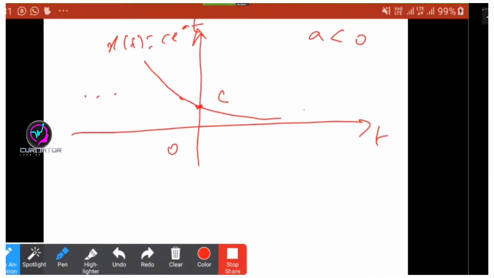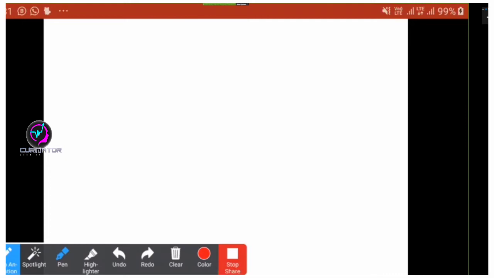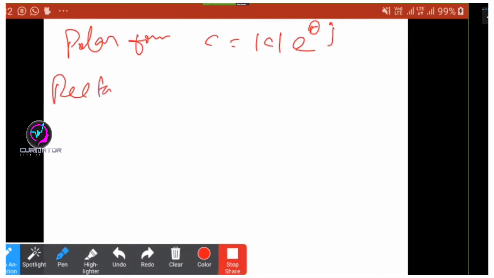Okay. Now let us see the case if a and c are complex. Let us assume the polar form of c as mod c e power theta j, and the rectangular form of a is equal to r plus j omega naught.